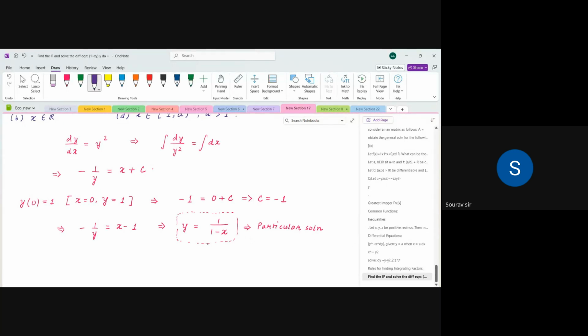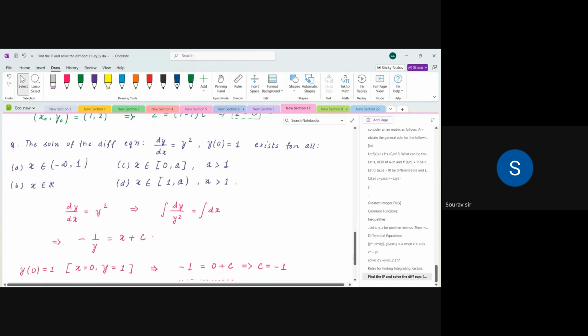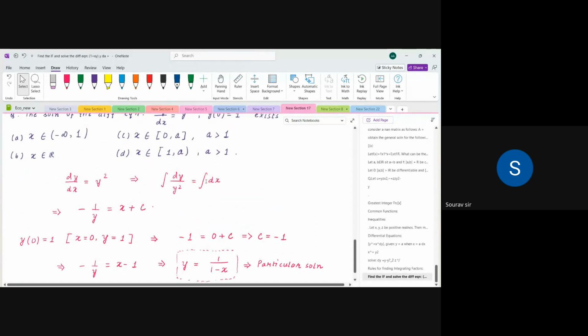If you check over here, this solution will exist only when x is not equals to 1. For all other values of x, you will have a particular value of y. But the only exception is x equals to 1. So you need to see out of these four ranges, which of the four does not include x equals to 1. That will be the correct range.